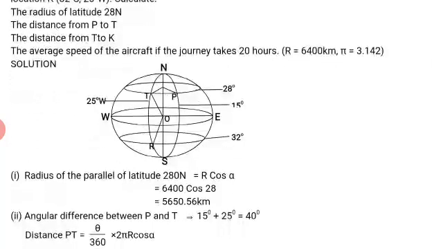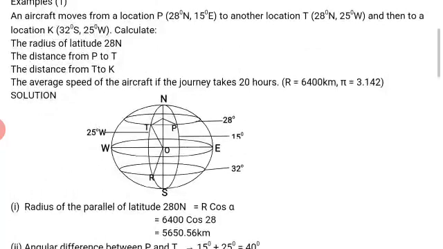Solution. The first thing is to sketch a diagram that shows the positions of point P, T, and K using their latitudes and longitudes. Recall, where the line of latitude intersects with the line of longitude gives the position of the place.